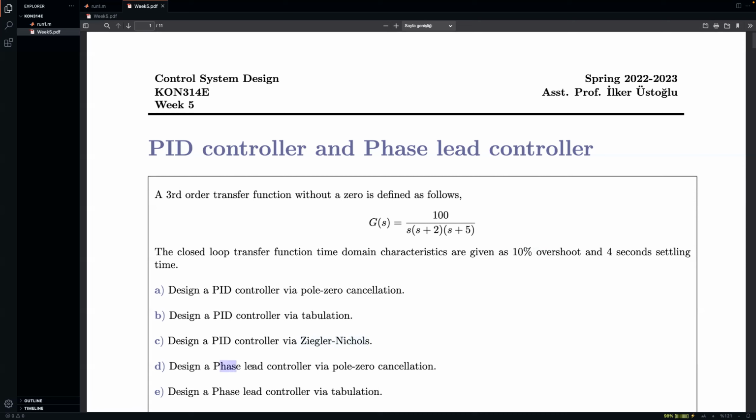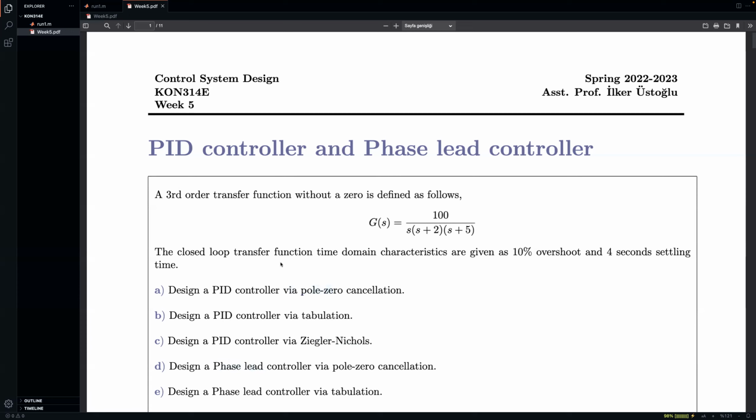Other than that, we will be repeating this discussion for the phase lead controller. But in fact, the phase lead controller is not going to be different from the PID controller in terms of design strategy via pole zero or tabulation. So that's going to be some repetition there.